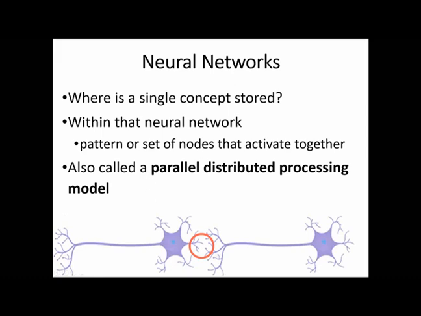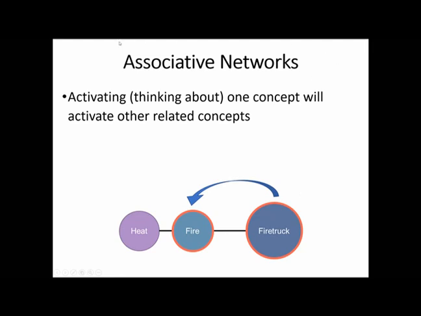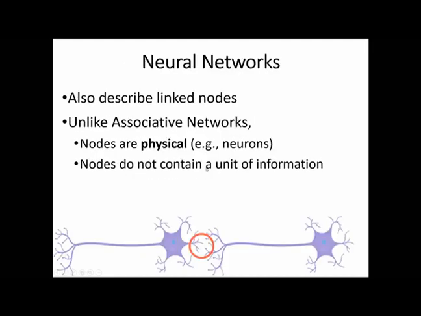So for our neural networks, we're looking at the physical arrangement of our neurons and how they activate as a group when we think about a concept, whereas our associative networks are a conceptual representation, but it doesn't tell us anything about the physical neurons. So this is talking about vague concepts, and this is talking about physical neurons.